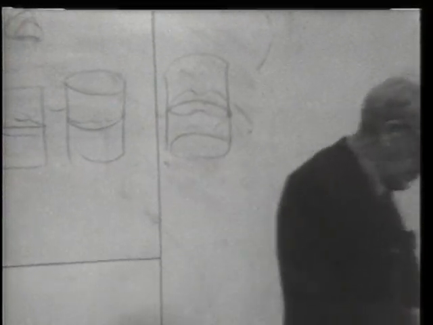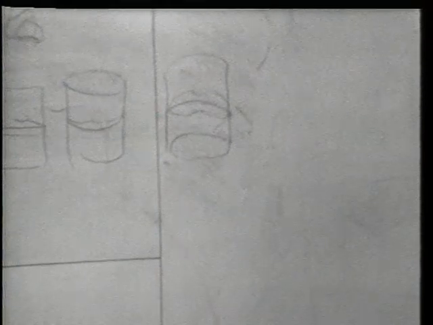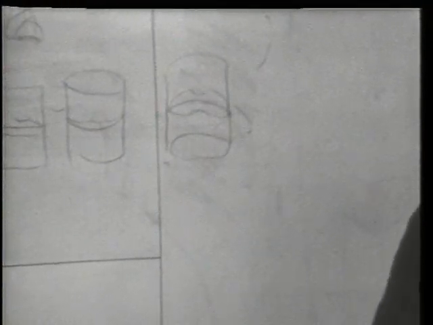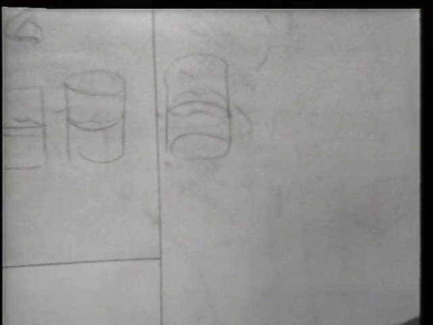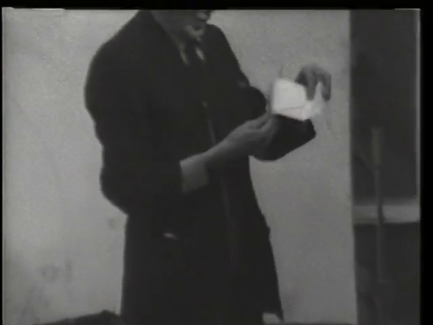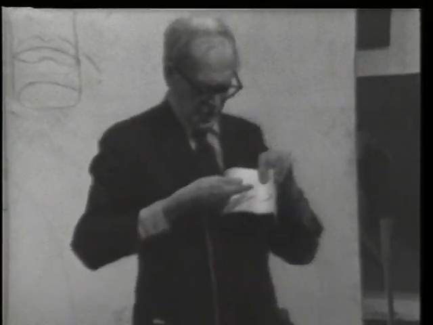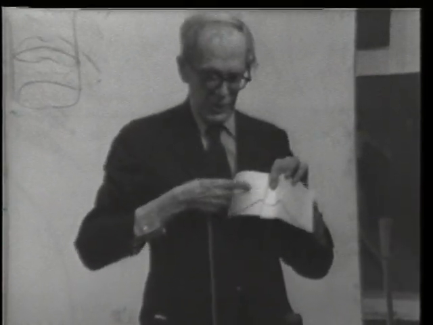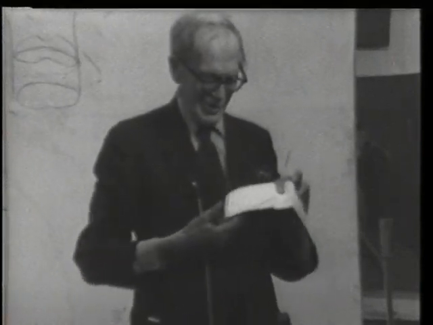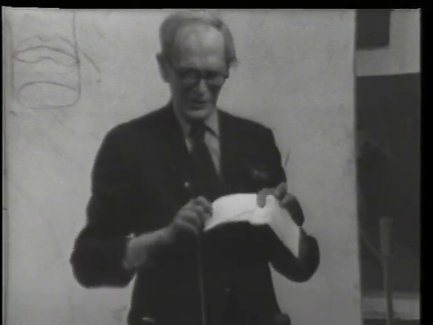And then we can draw the Cupid's bow on there. Perhaps you can see that on the front view, this line is concave to the top, but as you tip the head up, it begins to look convex.